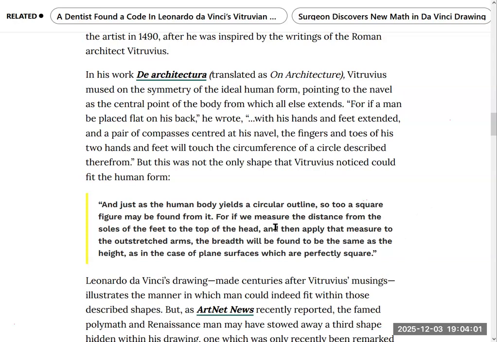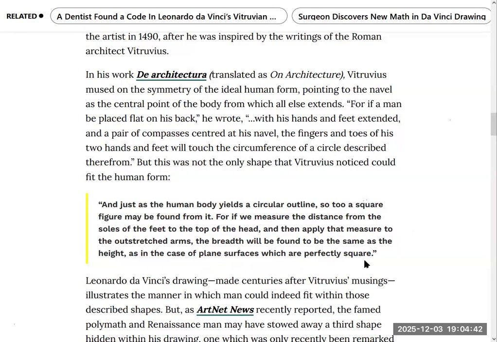Just as the human body yields a circular outline, so too a square figure may be found from it. For if we measure the distance from the soles of the feet to the top of the head, and then apply that measure to the outstretched arms, the breadth will be found to be the same as the height, as in the case of plane surfaces which are perfectly square.